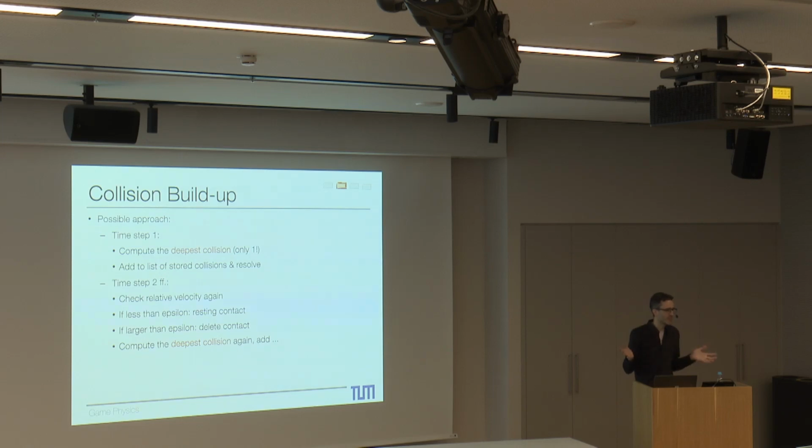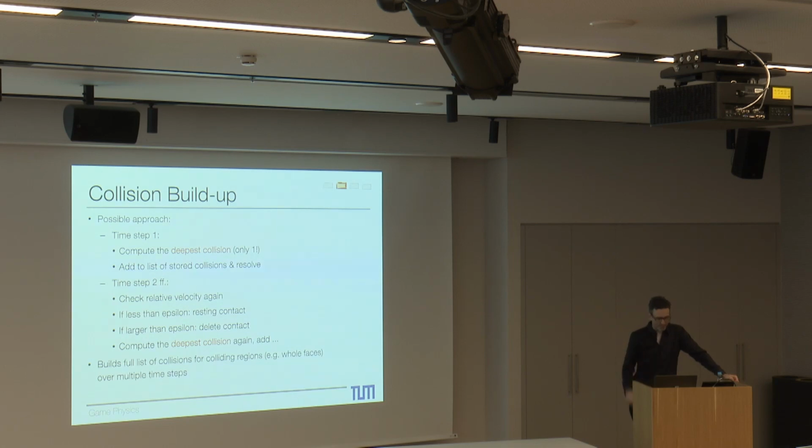We don't want 1,000 points, but we want at least 3 to make up a plane, or maybe a slightly larger set of collision points that cover representatively the faces and the areas of different objects that touch. As you keep on accumulating, you potentially also remove some that either get resolved or are less severe than others.